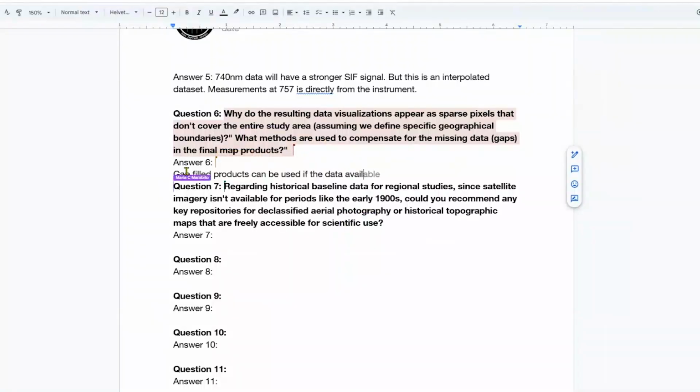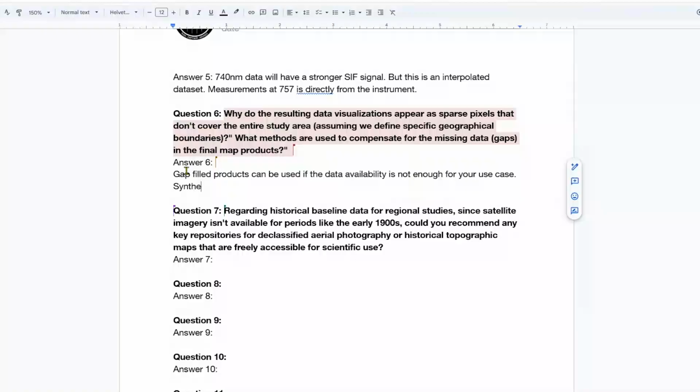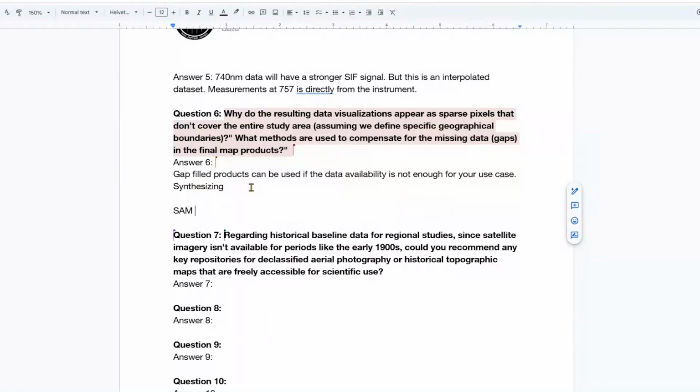Other than that, there's not really a way for us to improve upon the gaps without synthesizing or estimating data from other predictors. So with SAM, the gaps occur due to bad data points or the presence of heavy clouds, for instance, preventing the estimate.